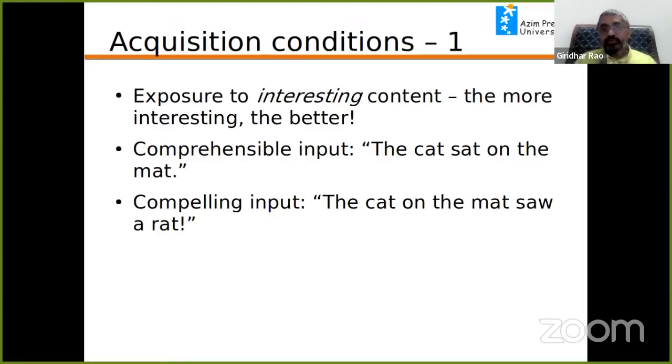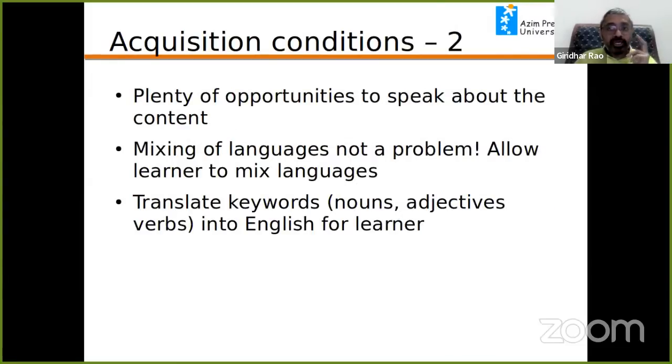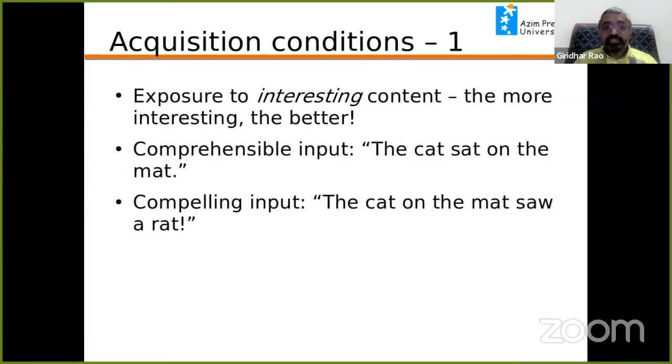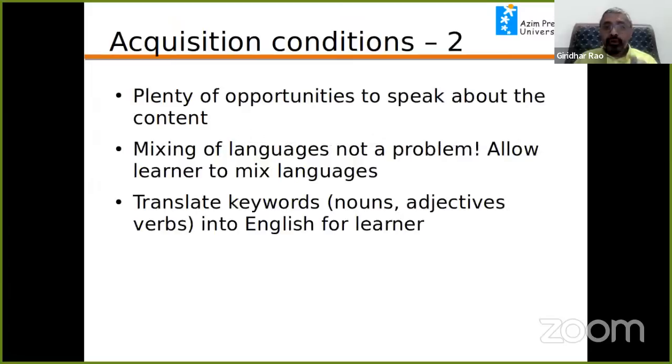And that active engagement, remember, as I will say in a moment or two, need not be about speaking immediately. We'll come to that. But meanwhile, wherever possible, with this interesting, compelling input, many opportunities to speak about that are needed.